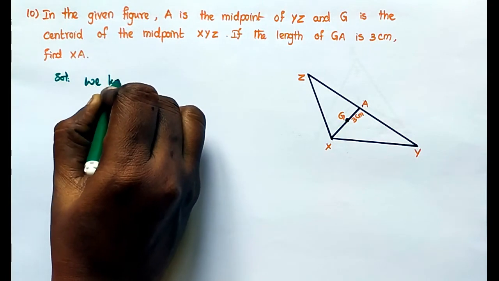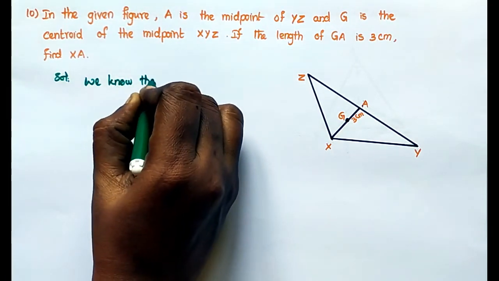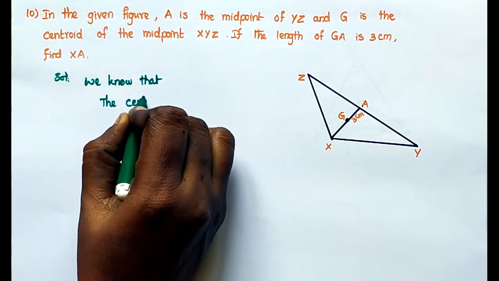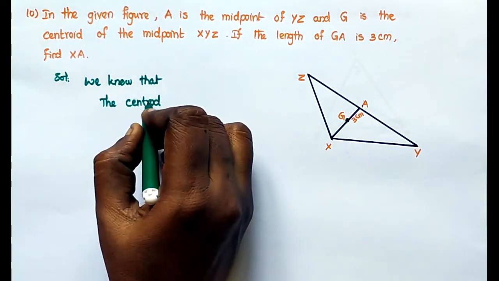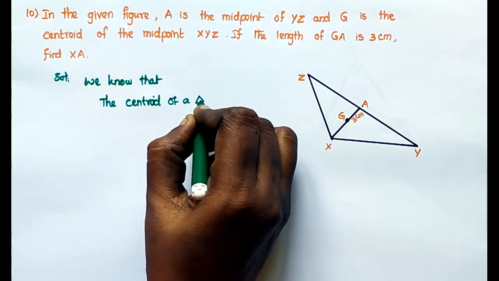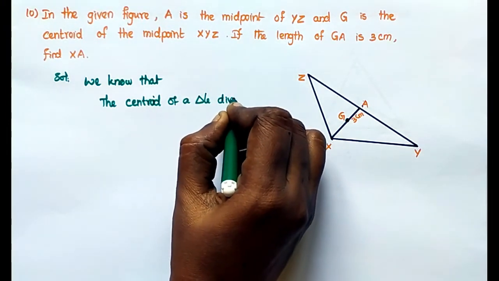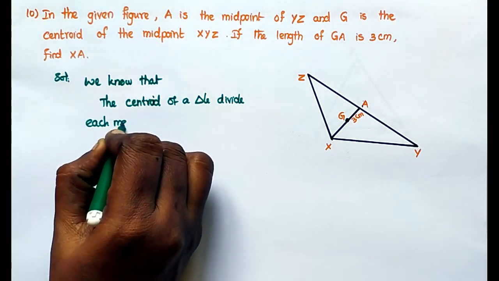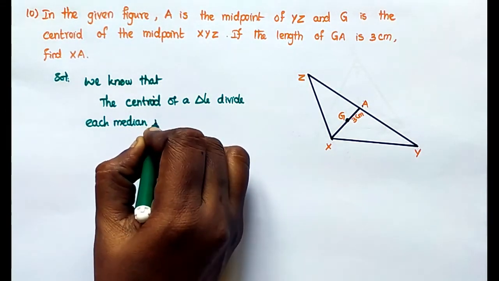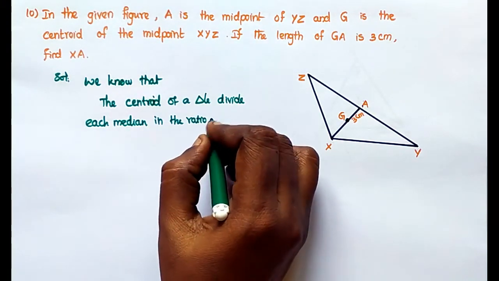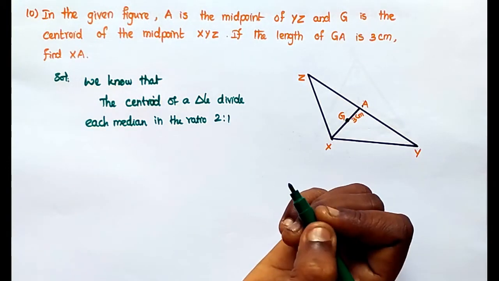We know that centroid of a triangle divides each median in the ratio 2:1.